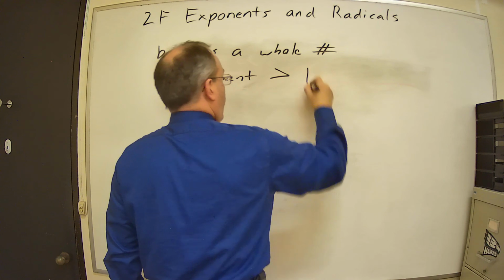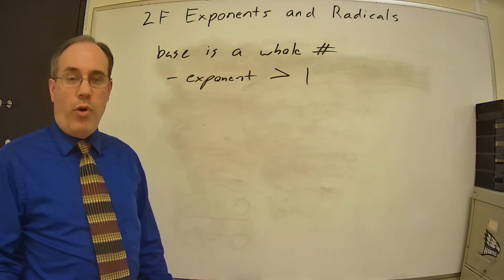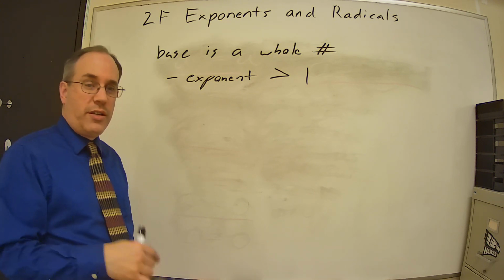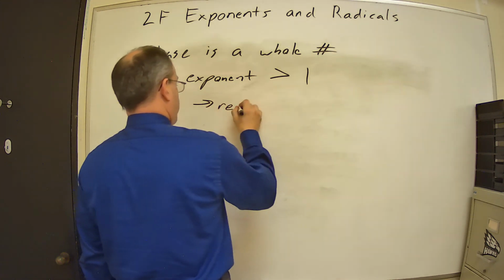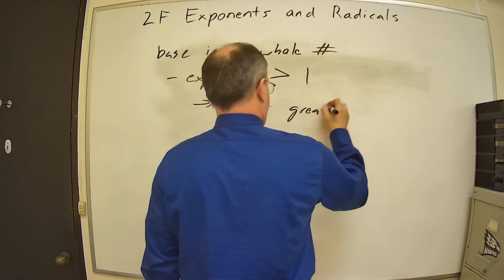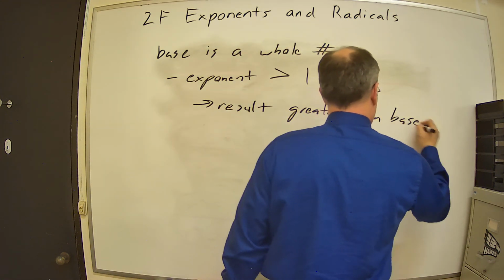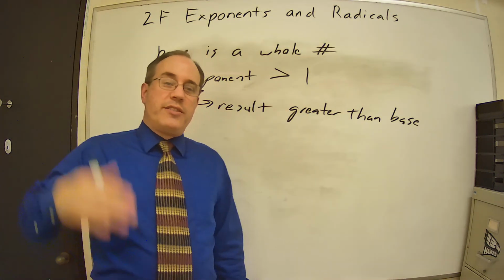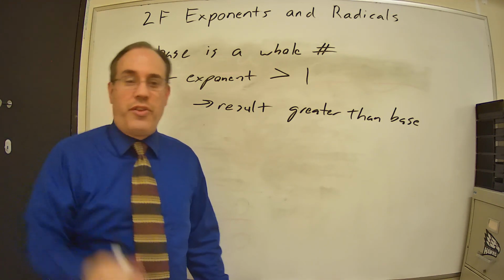So if the base is a whole number and the exponent is greater than 1, then the result is going to be greater than the base. Basically, you've got a base that's a whole number and you raise it to some power greater than 1, you're going to get a larger result than that base was.